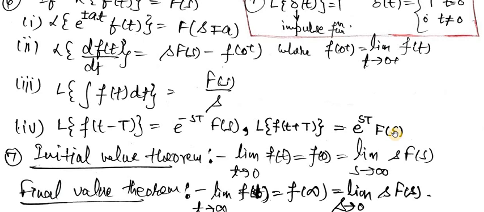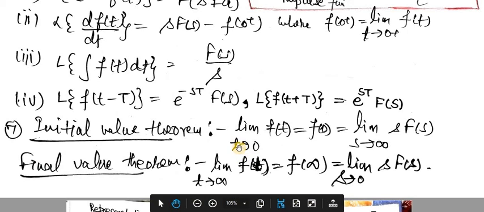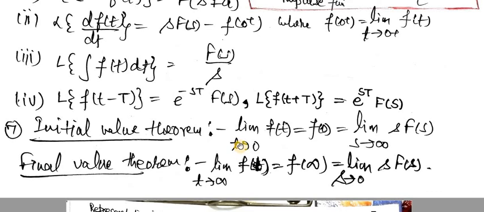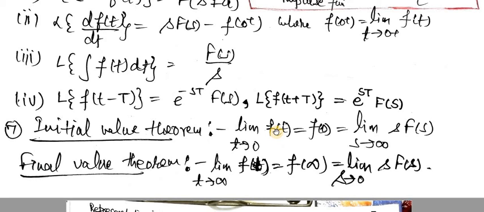Now last, we are talking about the initial value and final value theorems. These are very important when you are having a discussion about transient analysis, because you need to understand the value at t equal to 0 and the value at t equal to infinity. So the initial value theorem provides the value of f(t) at t equal to 0.